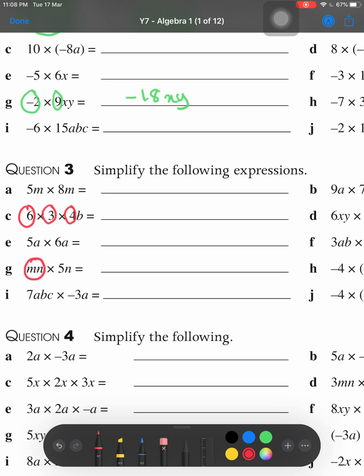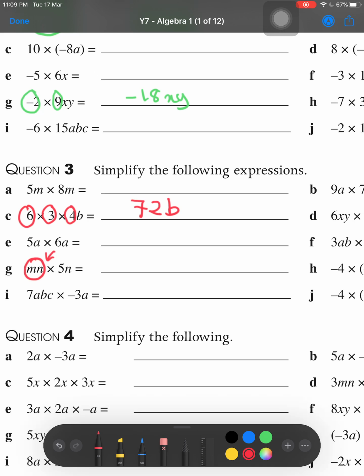As you can see, from question 1 until 3 now, it progresses bit by bit, right? Okay, so let's look at question 3C. The way we solve it is you just multiply the numbers together first. So 3 times 4 is 12. 12 times 6 is 72. So the answer is 72B. Done.